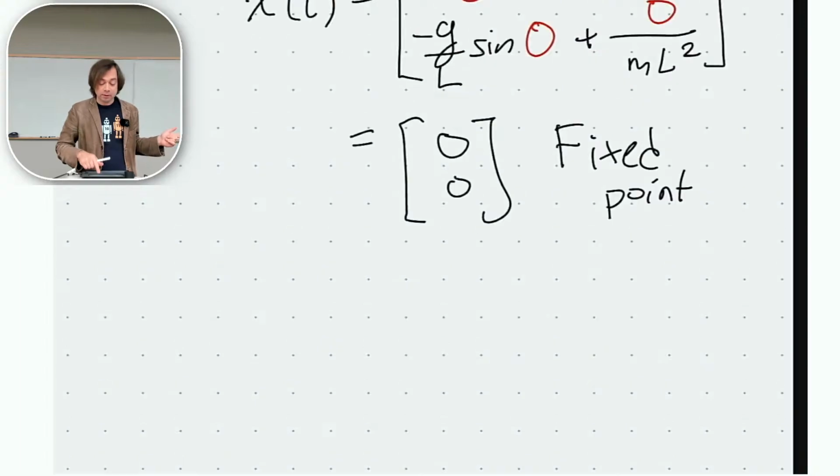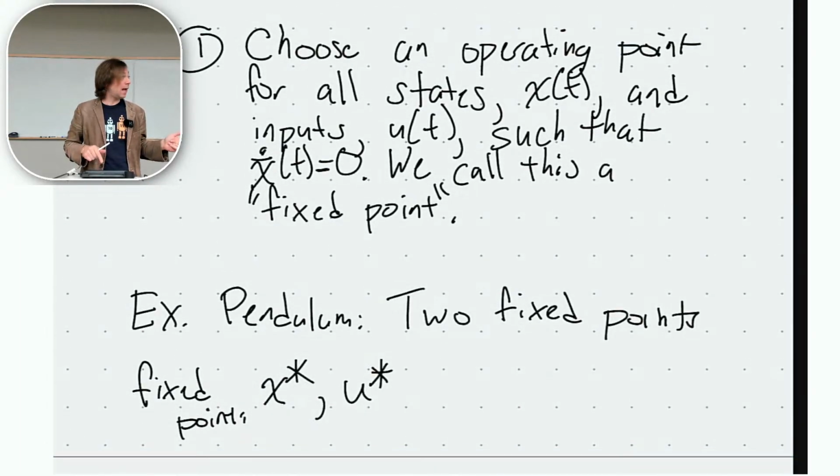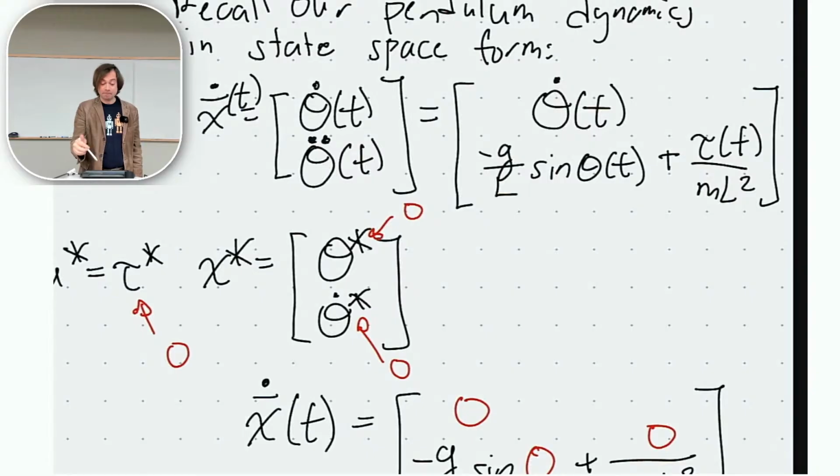Now, also here, I also lied. I'm sorry, didn't mean to lie. Can you make this a fixed point? Well, not without a torque. But what if this was sitting still at this angle?